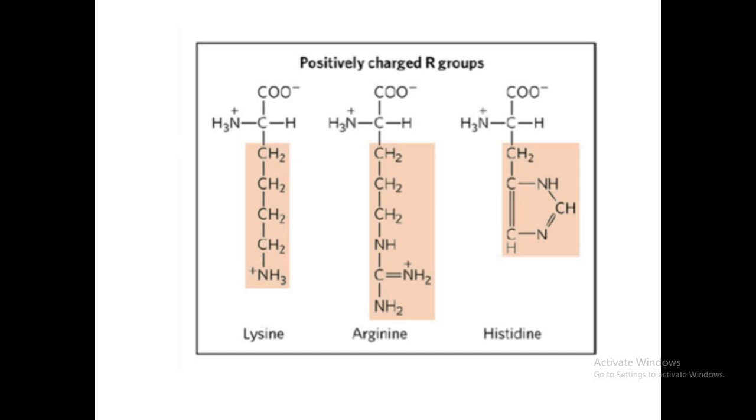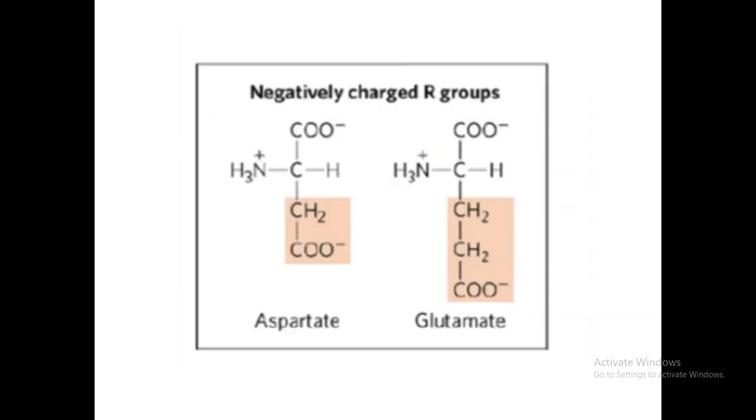Why this happens we will study in the next slide, but for now just keep in mind that histidine is one of the 20 amino acids that can be found as neutral or charged at physiological pH. However, all the rest of the amino acids at physiological pH exist in only one form. They may be either charged or uncharged, polar or non-polar, like this. But histidine is the only amino acid that can exist in two forms at physiological pH.